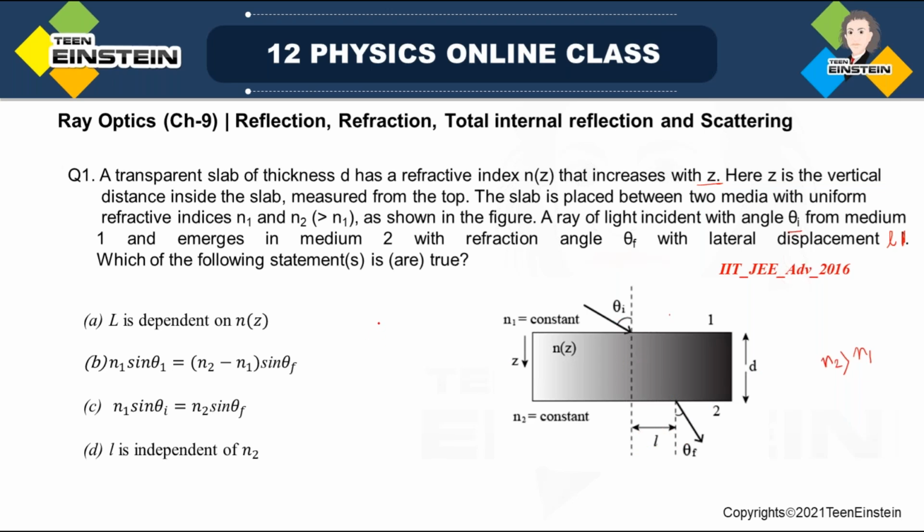We know very well there will be a lateral shift when this ray goes through the slab. And if N1 and N2 are actually the same medium, in that case the incident ray and emergent ray will be parallel to each other like this.